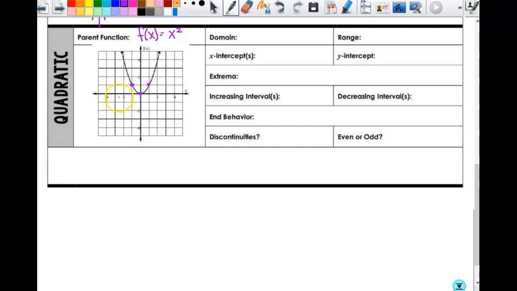So I also need 2, 4, and negative 2, 4. So here I'm going to have 5 of them. Right? So my anchor points, x, y, it's going to give me negative 2, 4, negative 1, 1, 0, 0, 1, 1, and 2, 4.